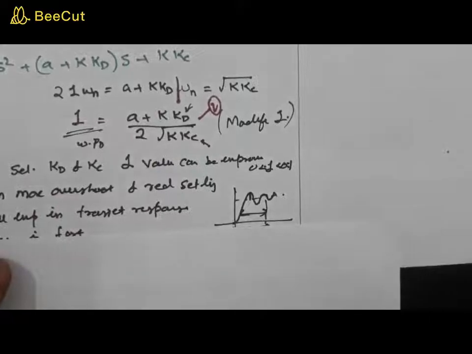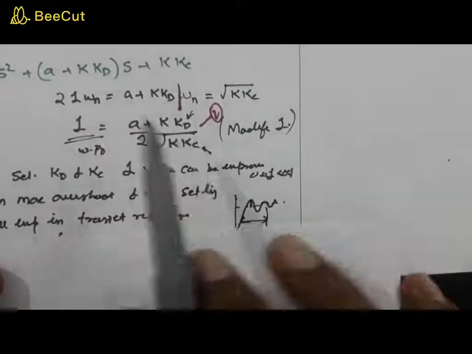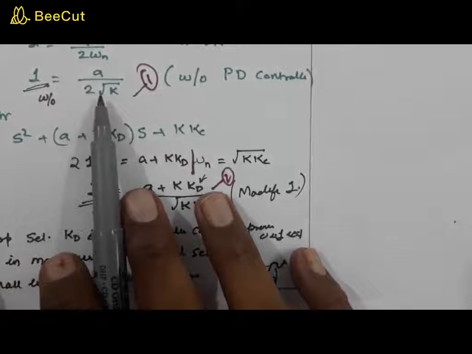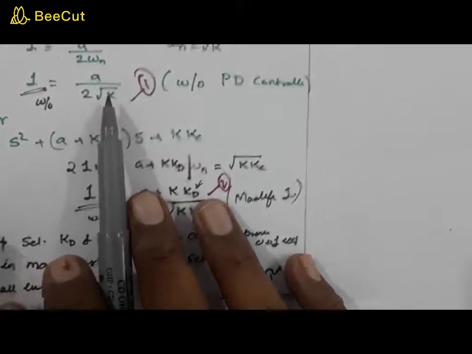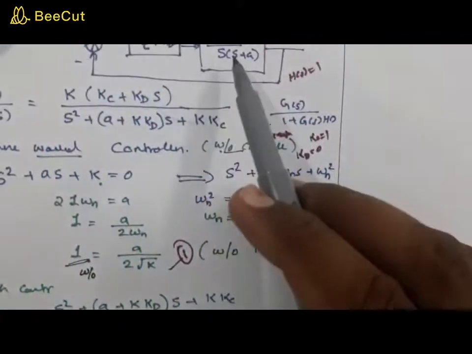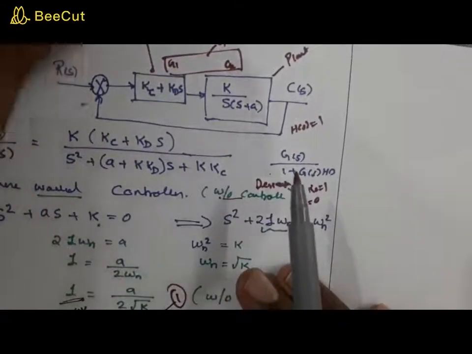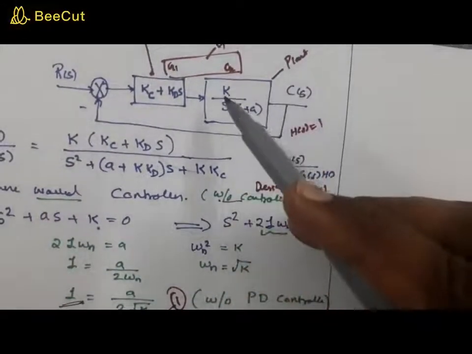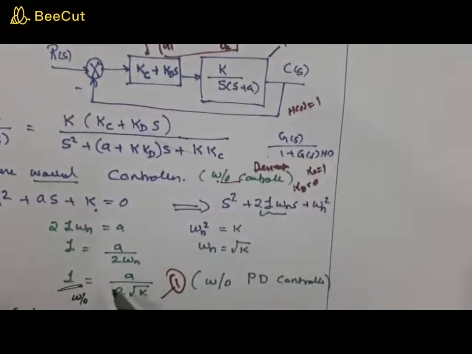Now when you connect this PD, when you look at this equation, there is only one K, right? K is a parameter which depends on the plant or the process. So once the process is designed, you cannot change the value of K. So zeta can be any value from 0 to 1.